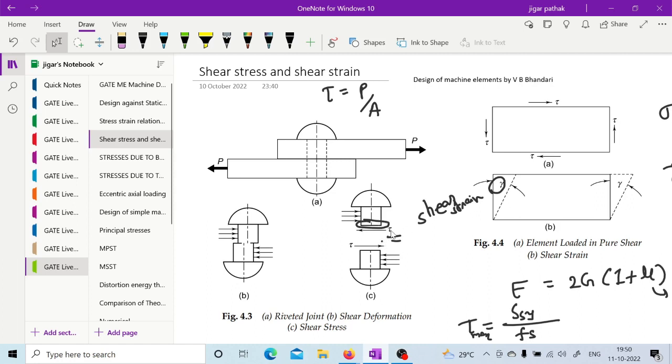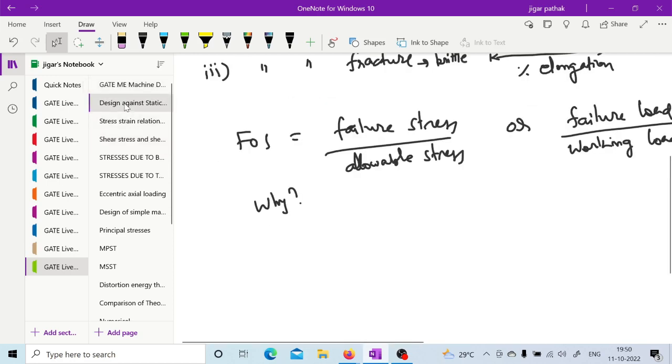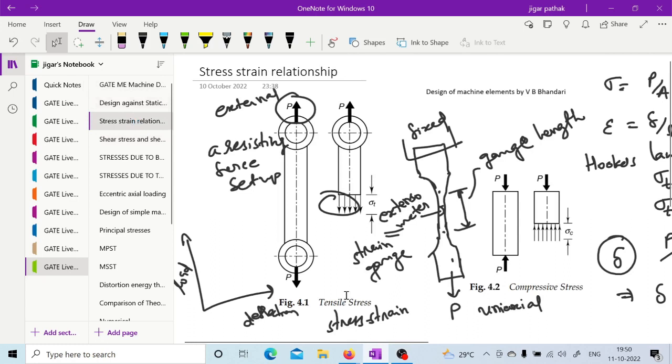And in case of this plate, this kind of tensile nature of stress will be present whenever you consider any plate, right? So this is only a 2D plate, it must have some thickness also, right? So thickness will also be there.